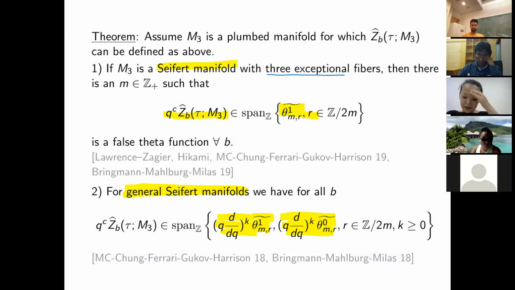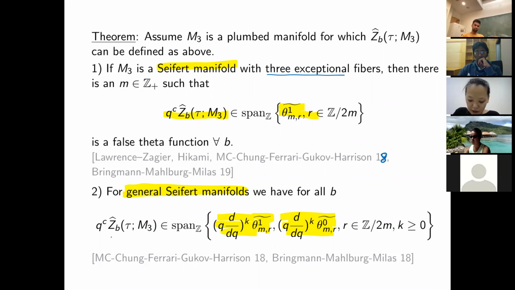But anyway, there is a lot of previous work by different people, starting with the observation by Lawrence and Zagier on the Poincare sphere. And for general Seifert manifolds, not necessarily 3, you can have an arbitrarily high number of exceptional fibers.